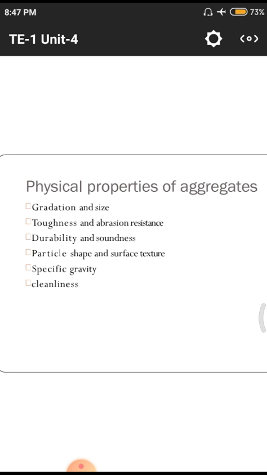Next thing, we have durability and soundness. This durability is directly related to environmental factors. Why? Because the aggregate will have to sustain the environment against different conditions like rainy season, summer, and winter seasons, and combinations of those in different areas. In African countries, they have huge temperatures up to 50 to 60 degrees, so they have roads built for different temperature levels.